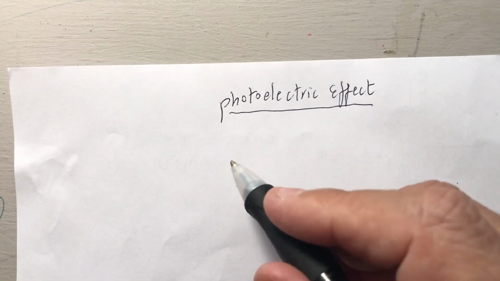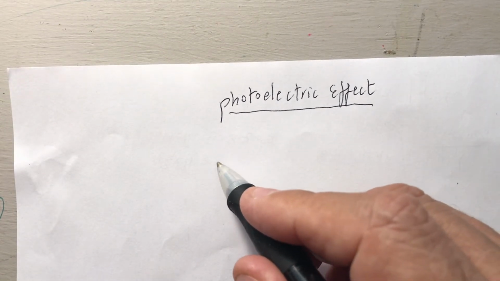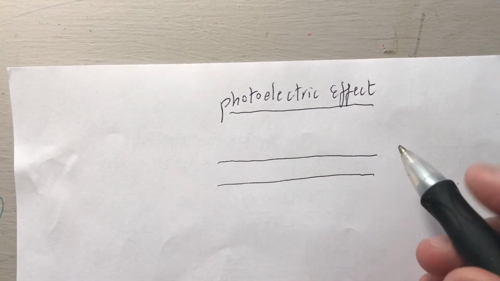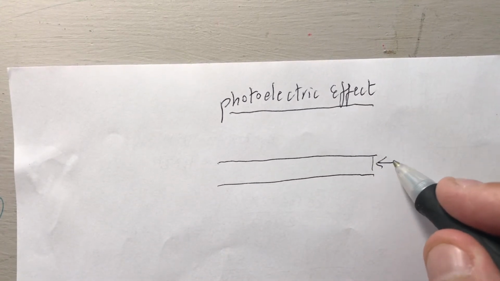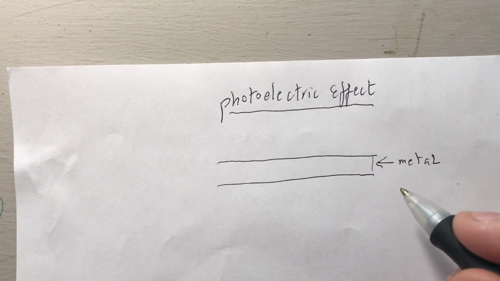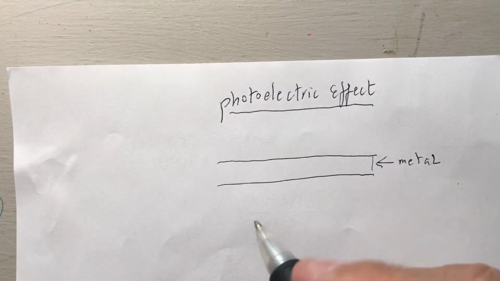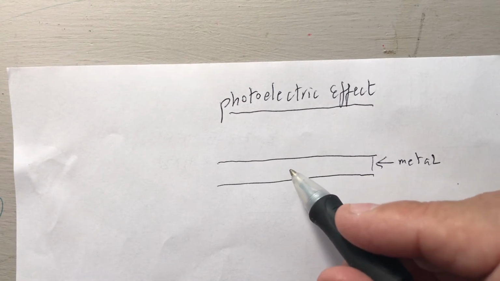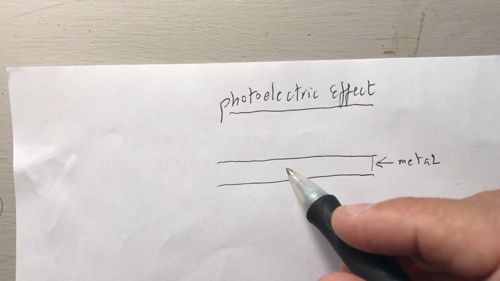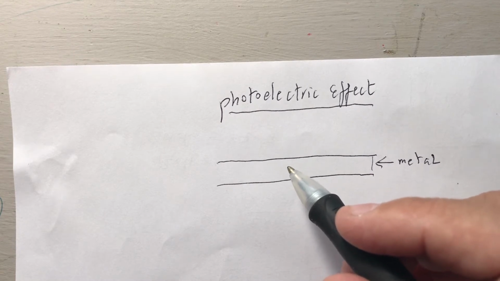Today we're going to study the photoelectric effect. If we take some piece of metal, this piece of metal has electrons, protons, and neutrons.